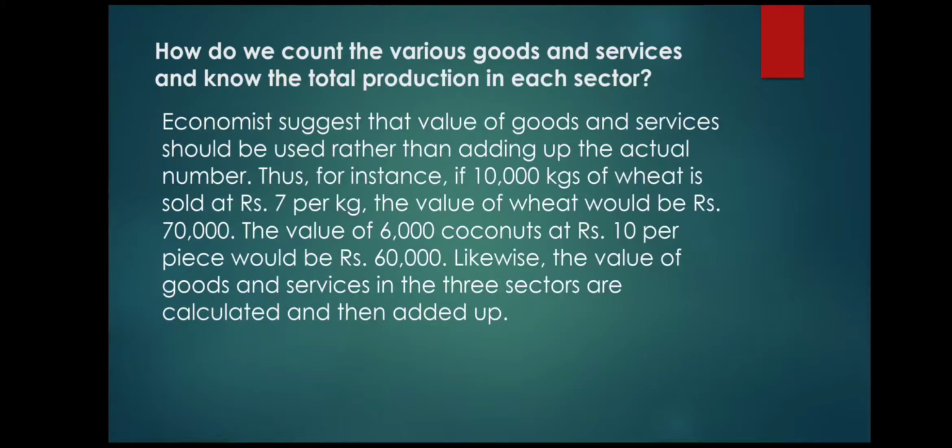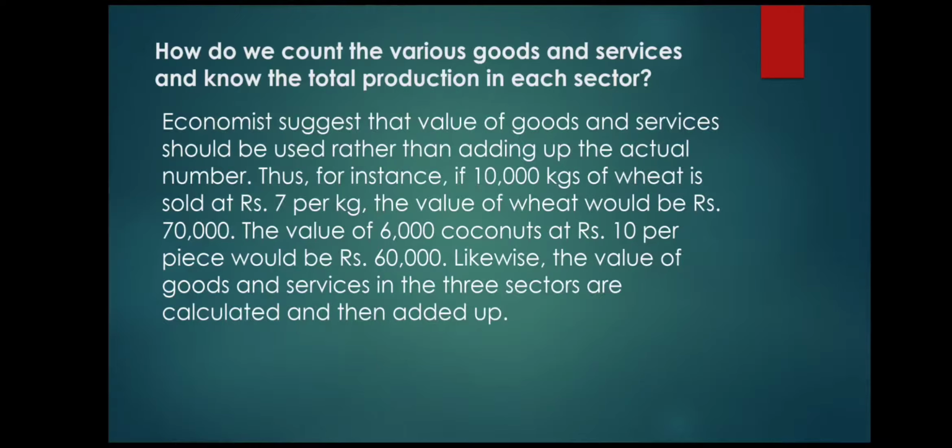There are some products which are calculated piecewise. So it is very difficult to add all these various kinds of product. As a result, the economists have said that the value of each output should be added and not the amount of production.